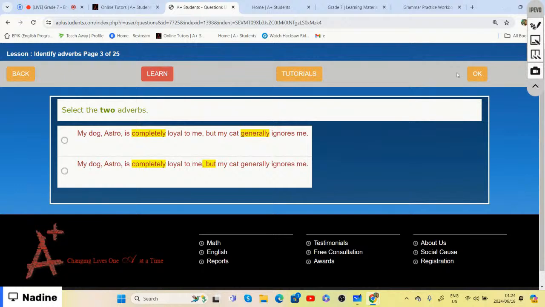And we need to select the two adverbs within that sentence.